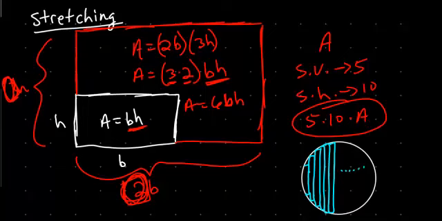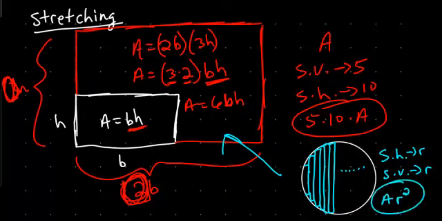And so if you stretch that circle horizontally by some factor of r and stretch vertically by some factor of r, what you're really doing is stretching those rectangles. And so we go back to this argument, we'd say that the new area would be the old area A times r squared. Okay? So we're going to use that idea over here to try to get the area of a circle.